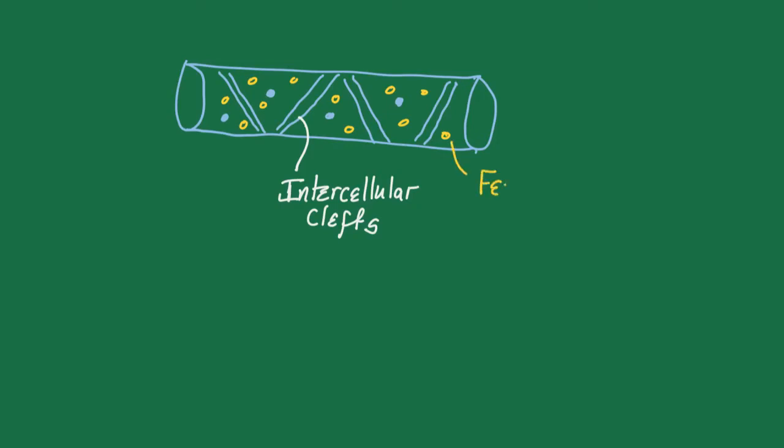These spaces allow for small ions or water to pass through. A capillary also may have openings that you see here in yellow, and these openings or little windows are called fenestrations. The word fenestration comes from French for the word window, which is la fenêtre, which means window in French.